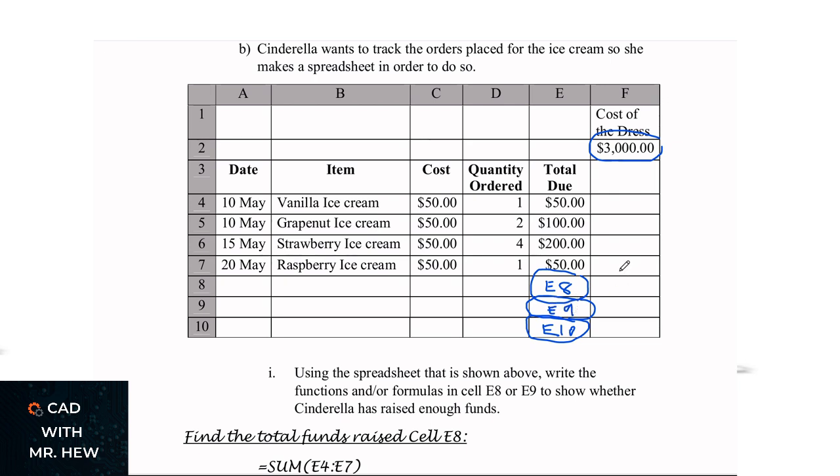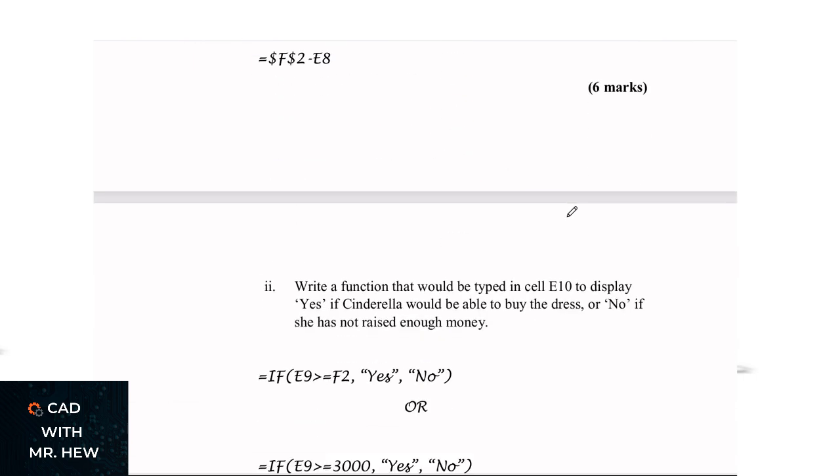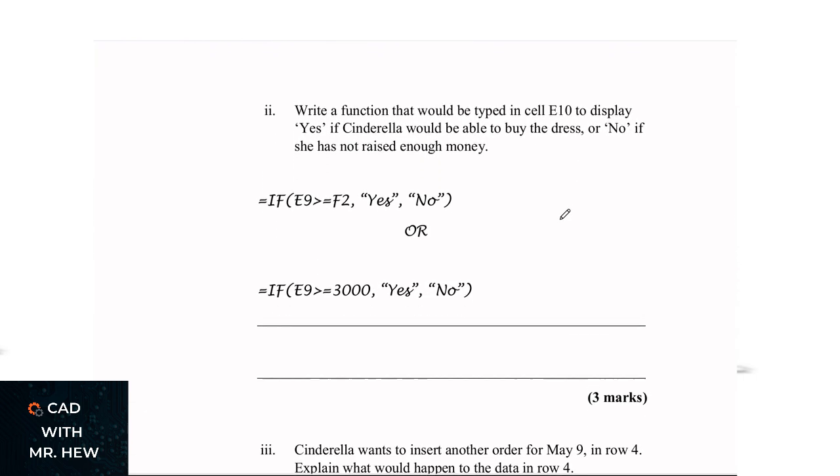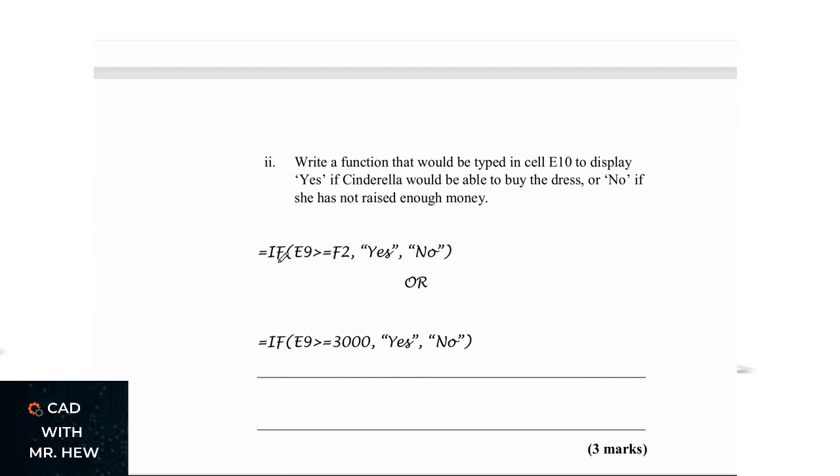And this cell, as you know, this one is F2. All right. So here are the two acceptable answers.